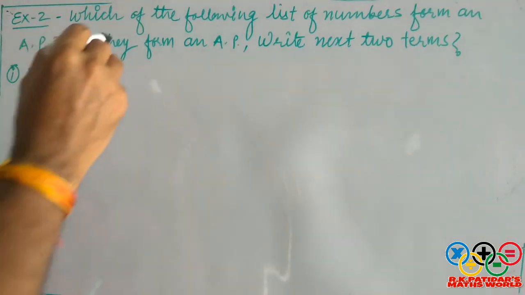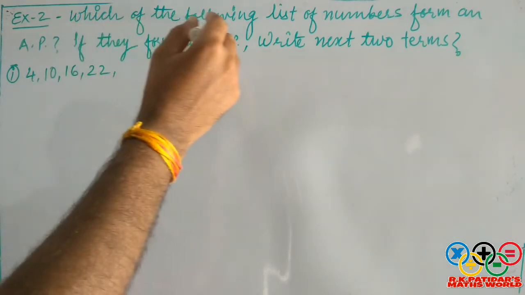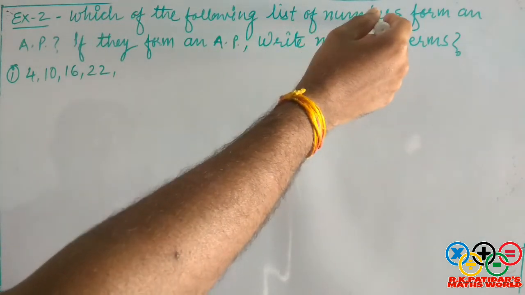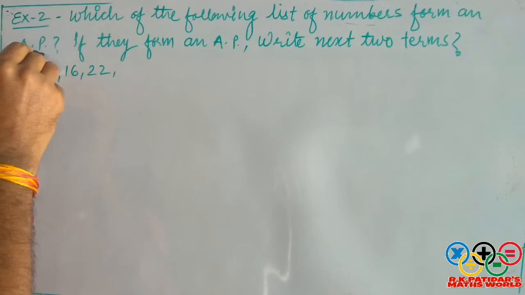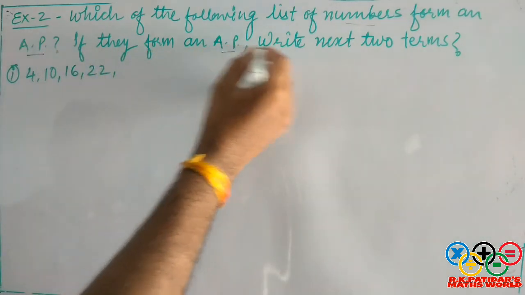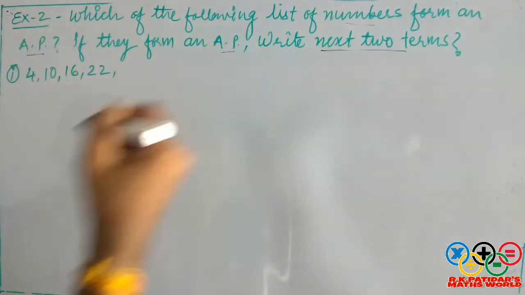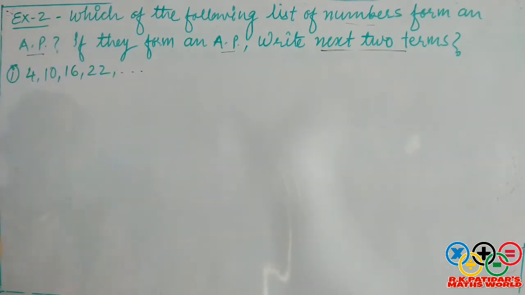Example 2. Here we have to find out which of the following list of numbers form an AP. If they form an AP, we have to write the next two terms. See, this is the first list of numbers. We'll find out the common difference. If common difference remains same, then the given series or list of numbers is an AP.